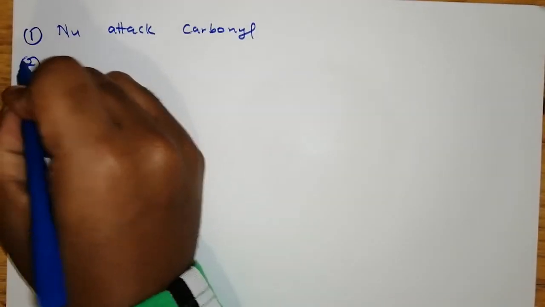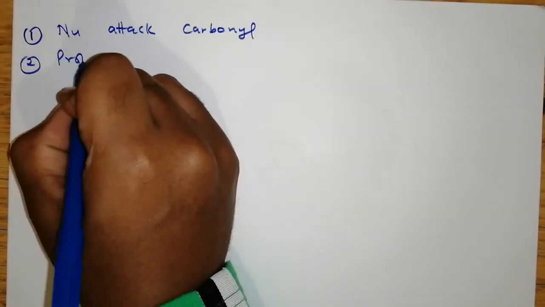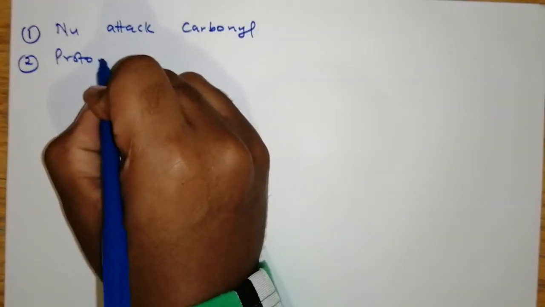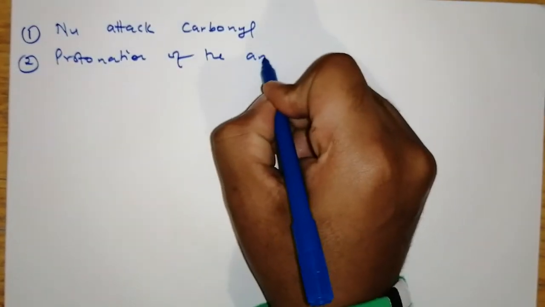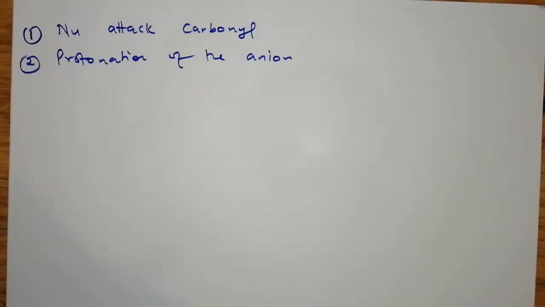And secondly, we're going to have protonation of the anion. As you might know, an anion is a negative charge. So the nucleophile attacks the carbonyl, and then you're going to have an anion. We might have an alkoxide there, and then protonation happens.